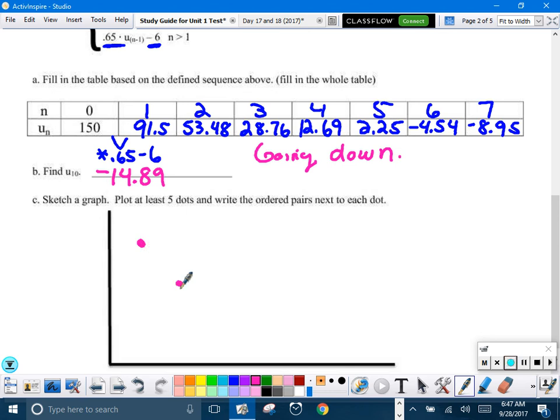So 5 dots that look like they are curving down. And remember, we're only sketching it. It is not going to be perfect, but I got to see that the dots are curving down. And then label 0, 150. 1, 91.5, and so on. Go ahead and finish that.